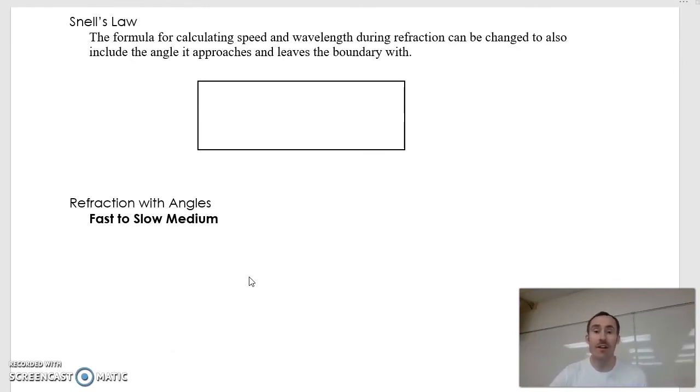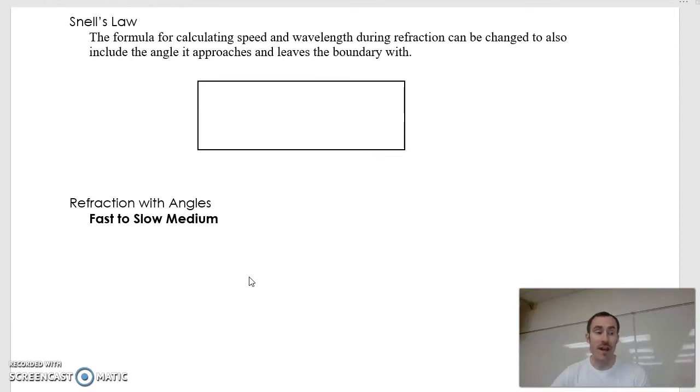So we said that the speed and wavelength change when a wave moves from one medium to another, but we also said that when it doesn't move head on, when it hits that boundary at an angle, then that angle is going to change too, just like you see when you put a straw inside a glass. So we can also include in the previous relationship that we found the angle as well.